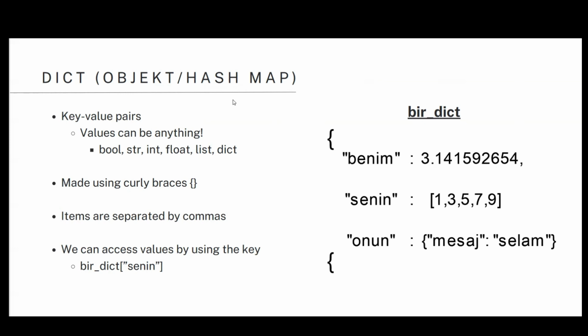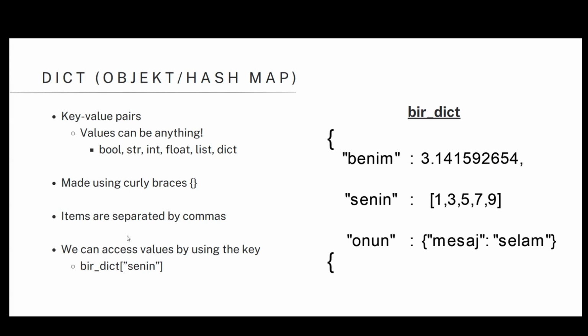It could be a Boolean, it could be another dictionary, it can be a list even. We see that here. So within our dictionary, we have on as the key, and then we have another dictionary as the value. Massage, salam. Items, just like a list, items within the dictionary are separated with commas.